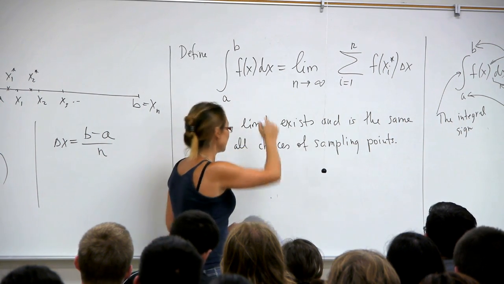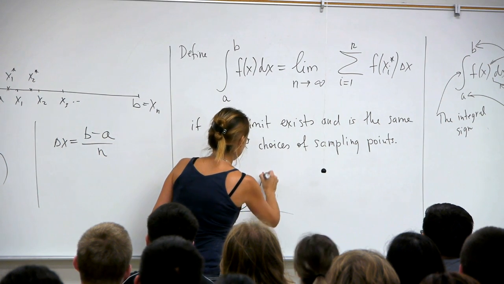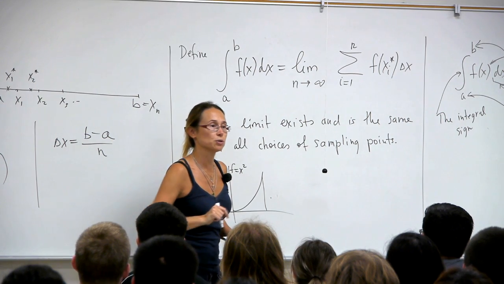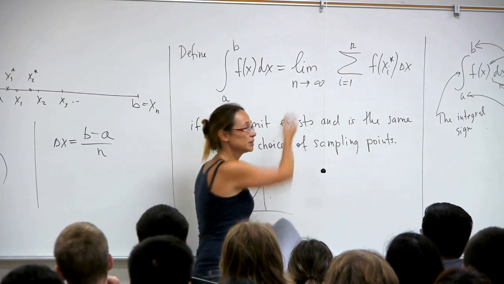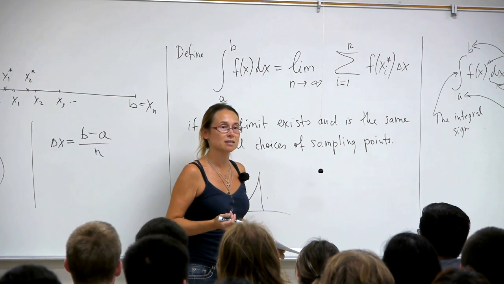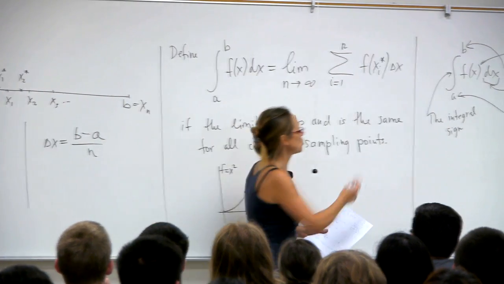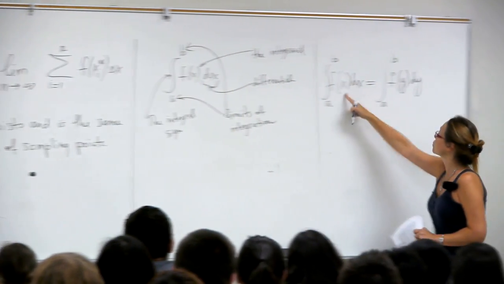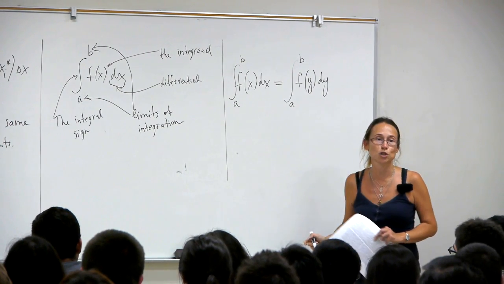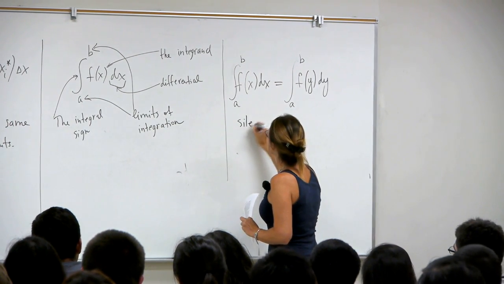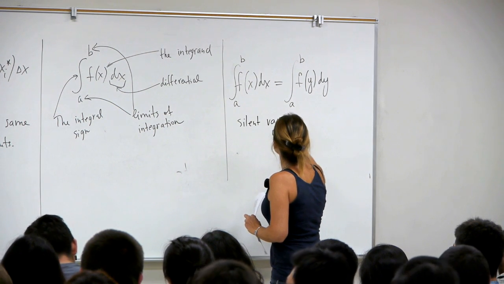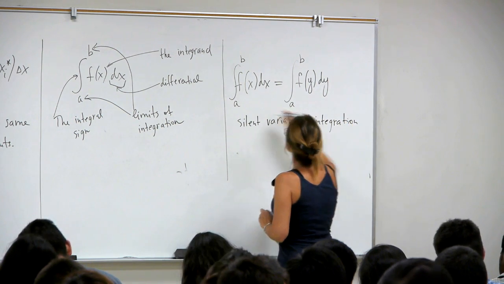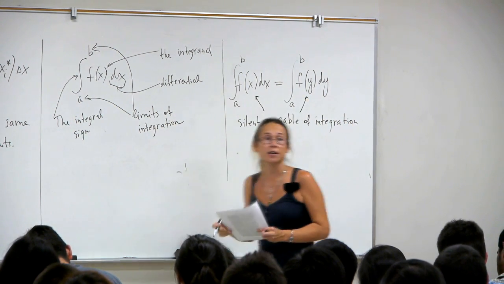We considered the parabola, f equals x squared, and we calculated the sum. What was it equal to? 1/3, right? So we got a number. Does this number depend on x? No, it's a number, not a function. So x cannot appear in the final answer, so you can replace it by anything else. The answer won't change. So we call it a silent variable of integration: x or y or anything else at all.